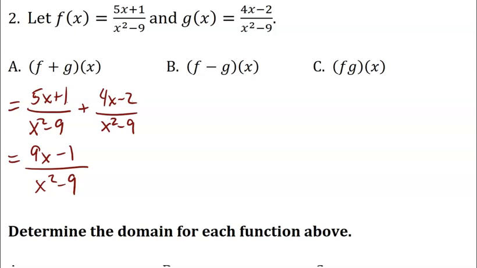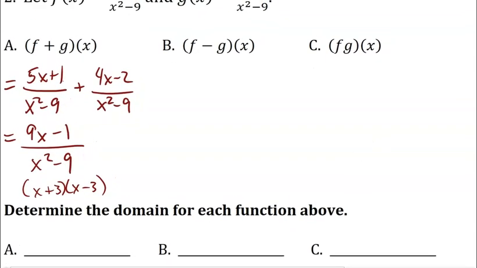It would not change that I still have a domain restriction from the original functions, but it would simplify the way I write it. In this case, though, x squared minus 9 is x plus 3 times x minus 3, and neither x plus 3 nor x minus 3 can be divided into 9x minus 1, so I don't need to worry about reducing that.